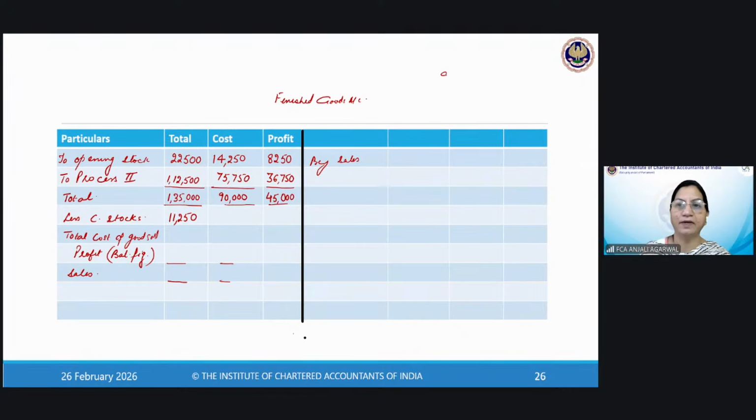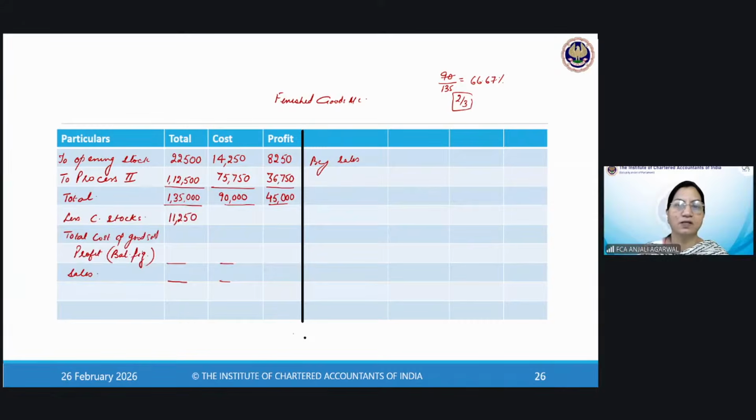When you divide 90 by 135, you get 0.6666, or 66.67%.